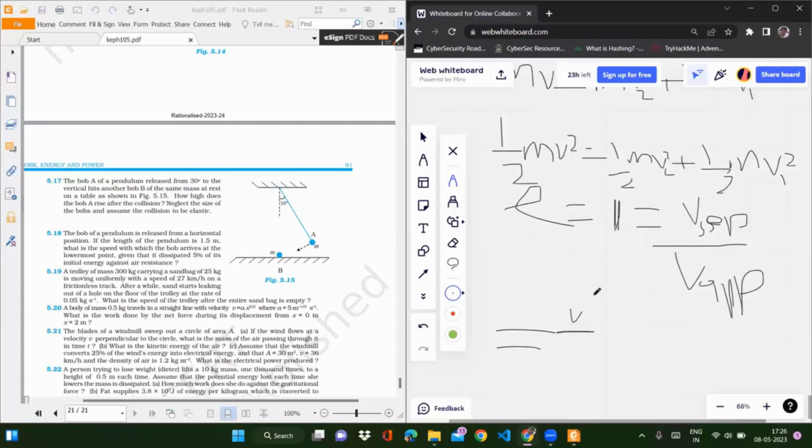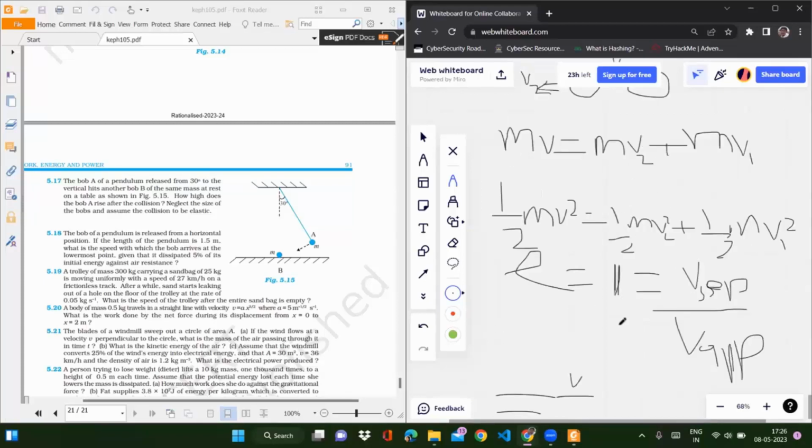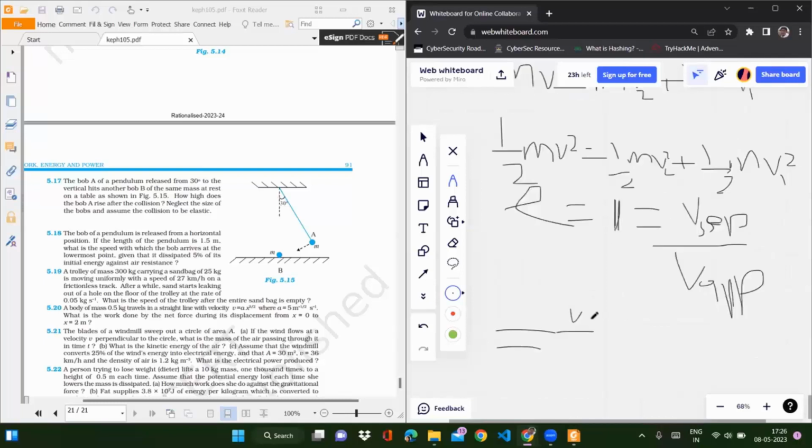So for this to be one, and for these two equations to hold, the only possibility of solving is that V2 equals V and V1 equals 0. Because if V1 equals V and V2 is, then V2 minus V1 by V1 equals V2 minus V1 by V. So only V1 equals 0 and V2 equals V will satisfy this equation.